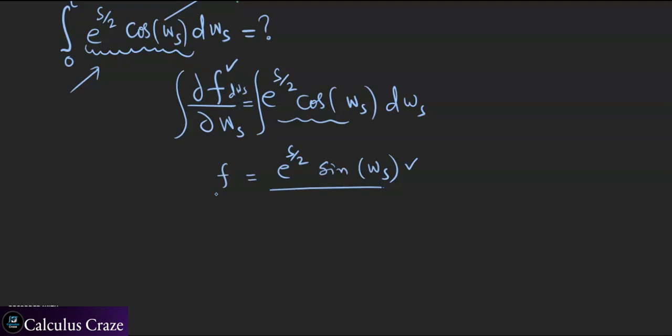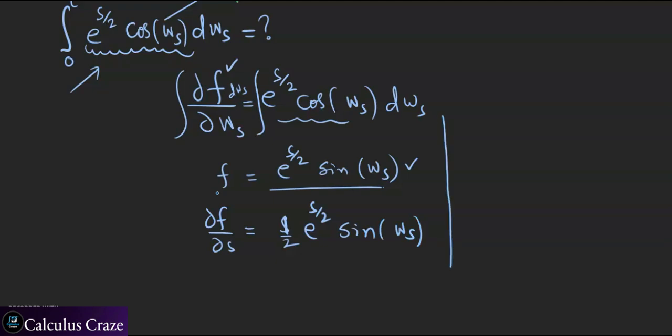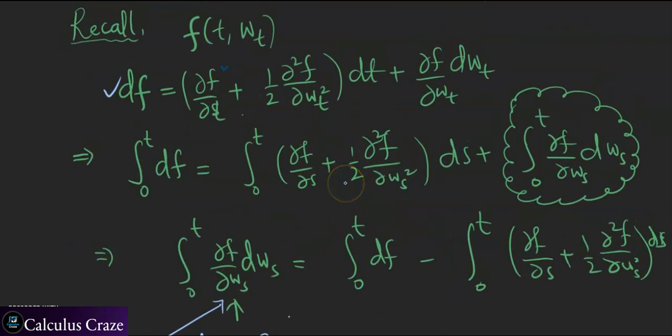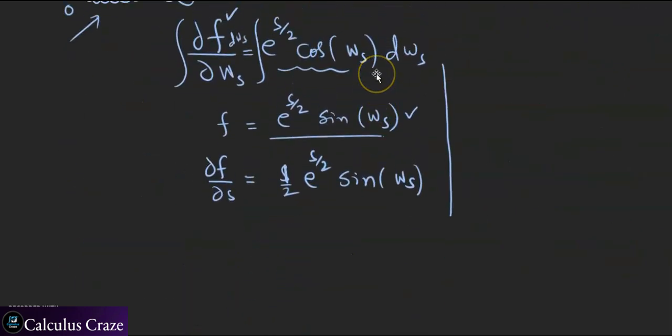So what do I need for this f? I need quite a few things. First I need its partial derivative with respect to s, which is going to be 1 by 2 e to the s by 2 sine w sub s, right? And what more do I need? I need the second partial derivative with respect to w. Of course I also need the first partial derivative of f with respect to w in the calculus 1 sense, like in the usual sense of differentiation.